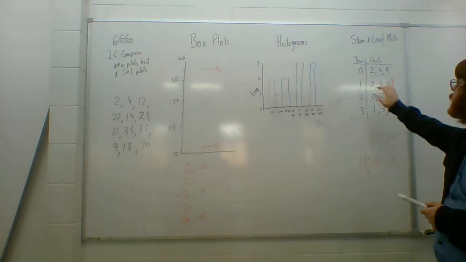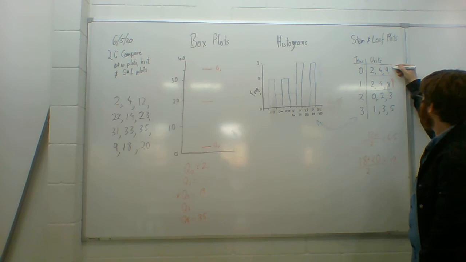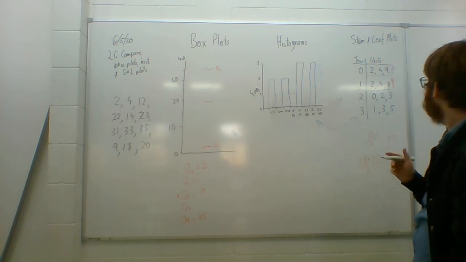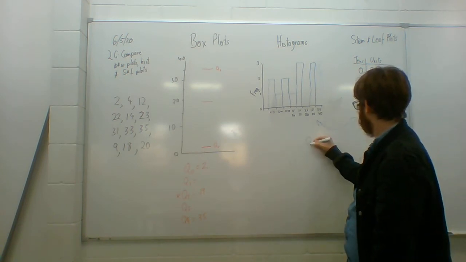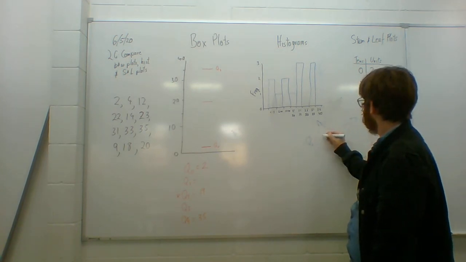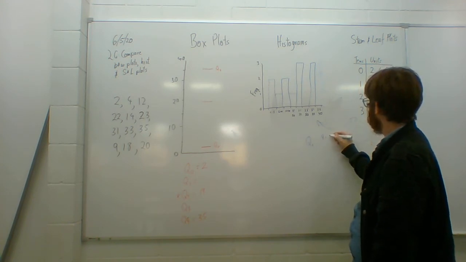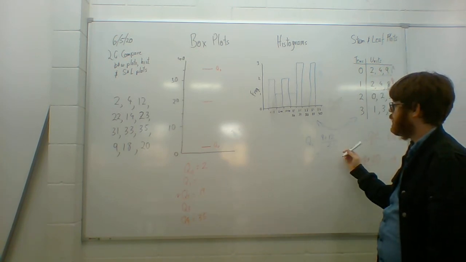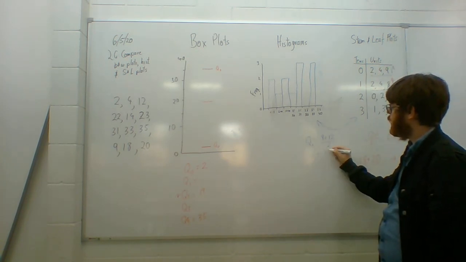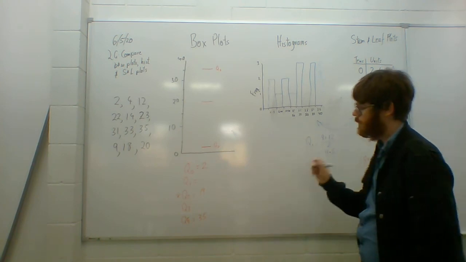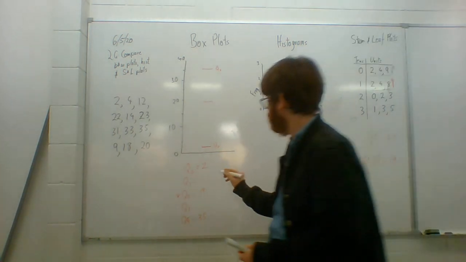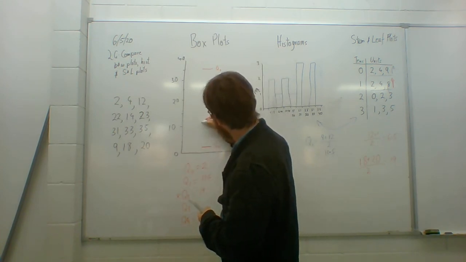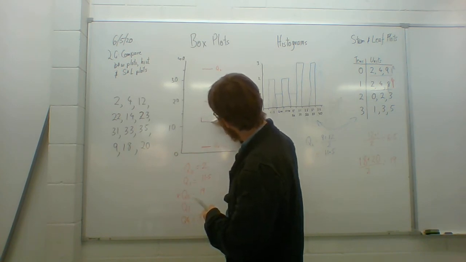So our median for this, Q1, is going to be halfway between our 3rd number and our 4th number. Q1 equals 9 plus 12 divided by 2. 23 divided by 2 is 11.5. So this is the start of our box.